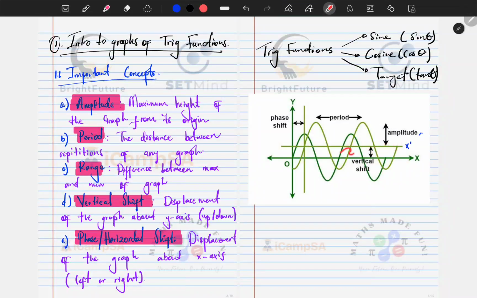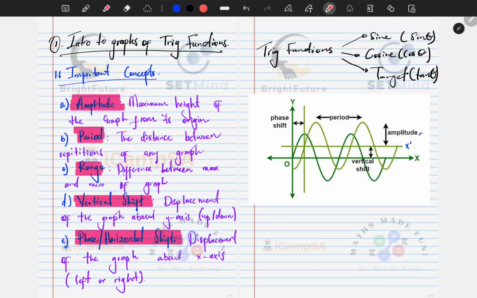But as you can see, the easiest way is by taking it from here to here, which becomes the maximum height.